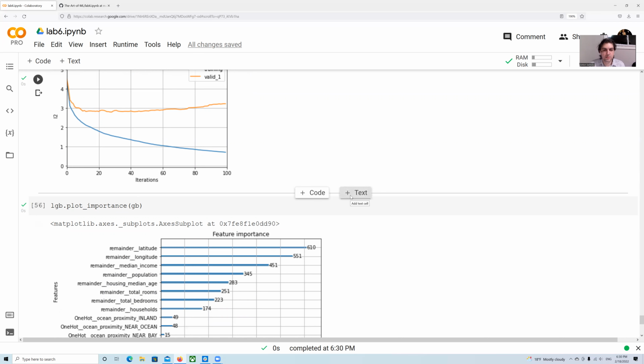In this case, we can take one feature, one column, and shuffle randomly the numbers in this column, train our model on this data, and see how the accuracy will decrease.